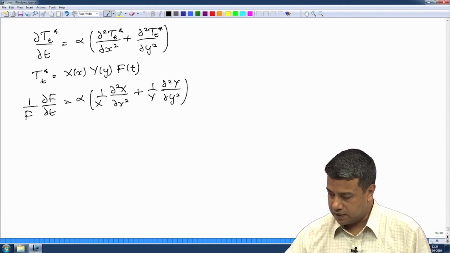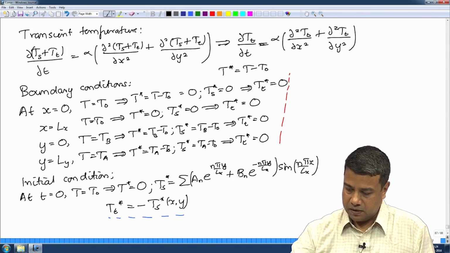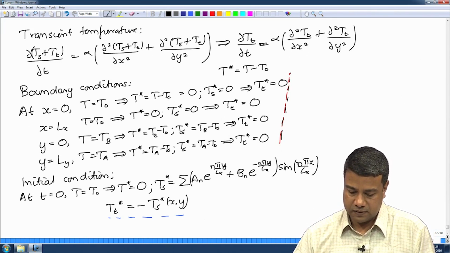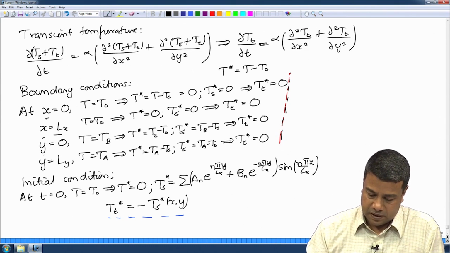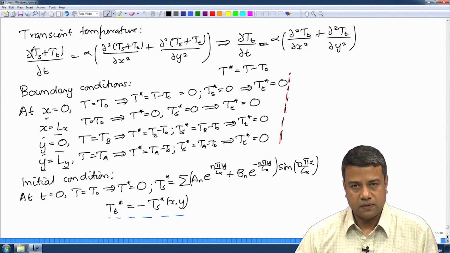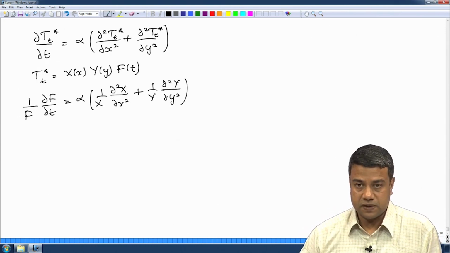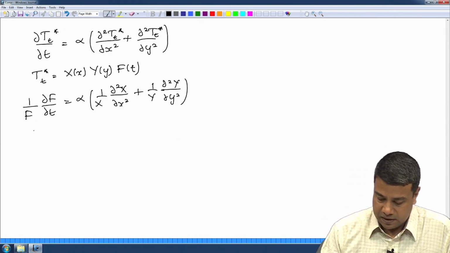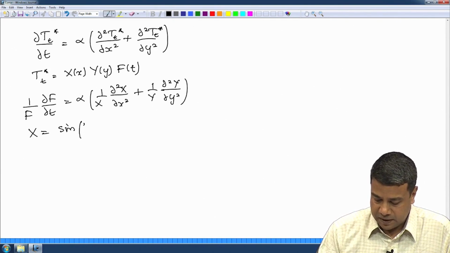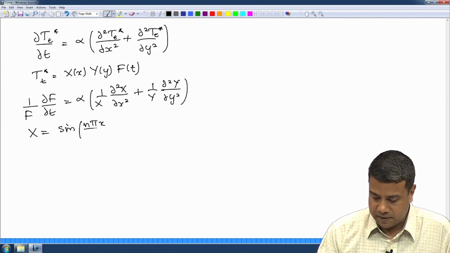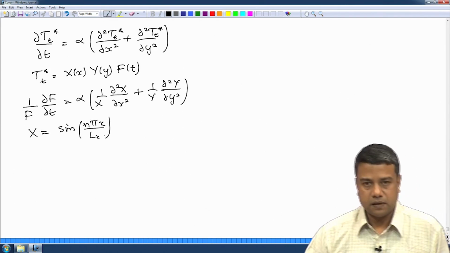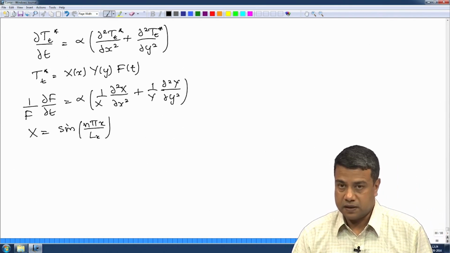If you recall, for the transient part, all boundary conditions are homogeneous at x is equal to 0 and x is equal to Lx, and at y is equal to 0 and y is equal to Ly. Therefore, I need to have eigenfunction solutions in each of these directions. So, X will be of the form sine n pi x by Lx, where n has to be an integer.